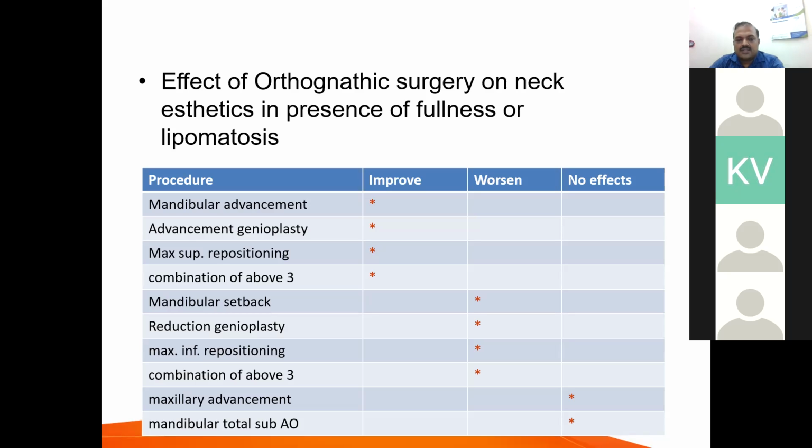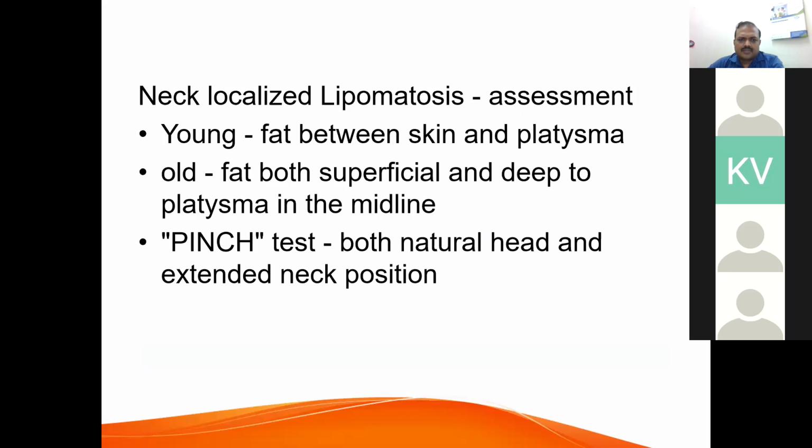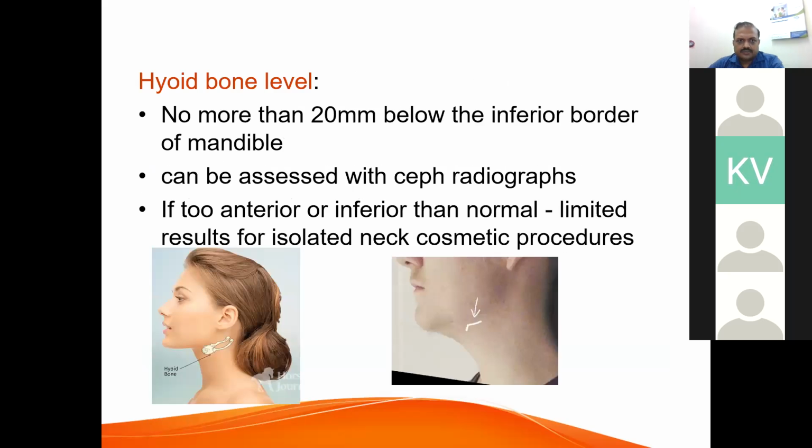These procedures can affect the neck aesthetics. Some procedures will not have any effect, like maxillary advancement, subtotal anterior maxillary osteotomies, or mandibular subapical osteotomies, on the neck aesthetics. That's about the pinch test, which I mentioned to identify the lipid deposition.